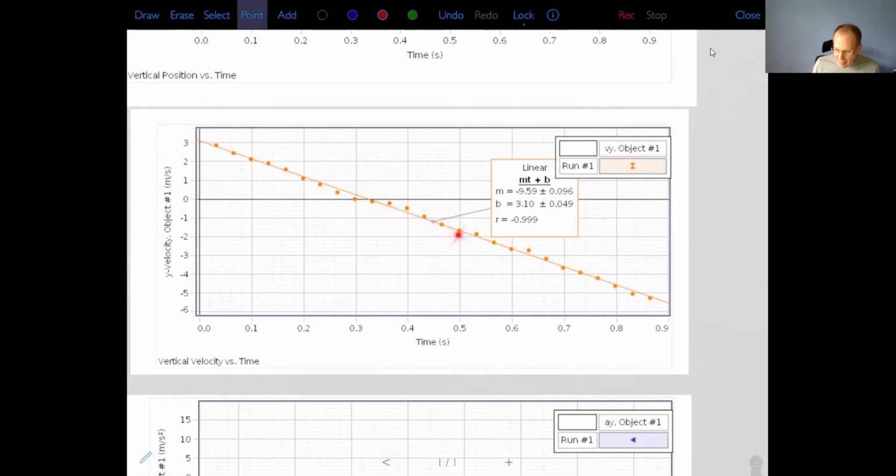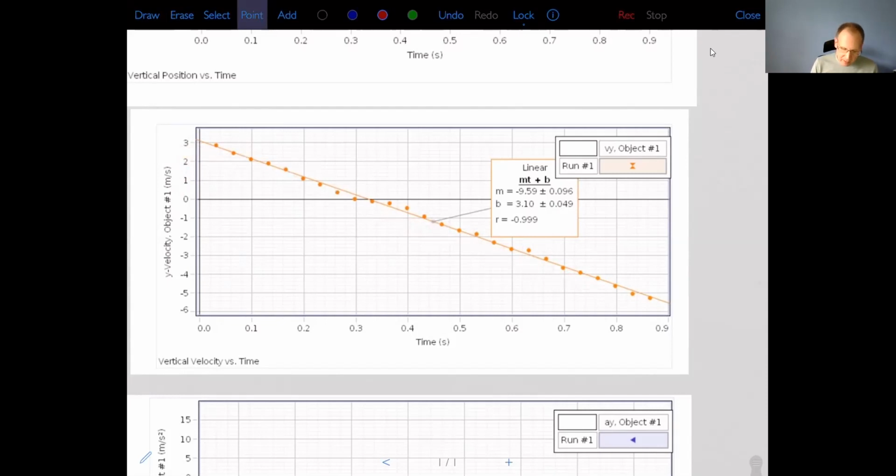And then on the way down, the direction of the velocity, which is the vector, is negative. And since it's getting faster and faster, we say the speed, which is just the magnitude, is increasing. So on the way up, the direction of the velocity is positive, but the speed is decreasing. On the way down, the direction of the velocity is negative and the speed is increasing. And that's also what this graph tells us.